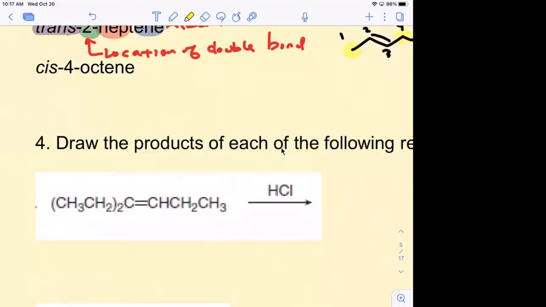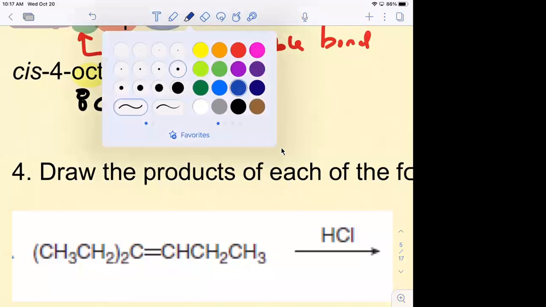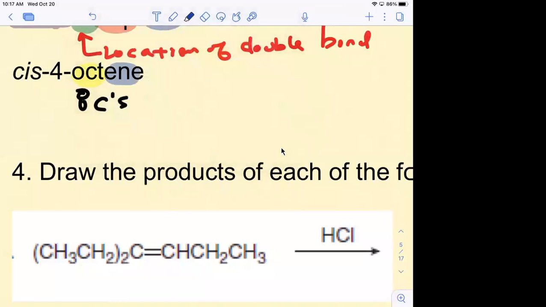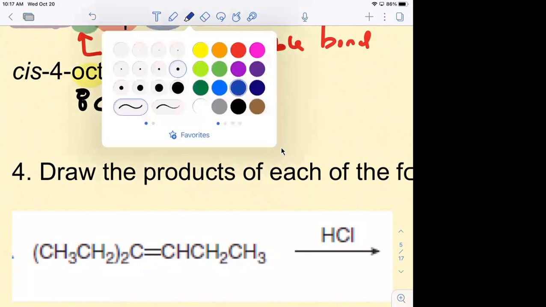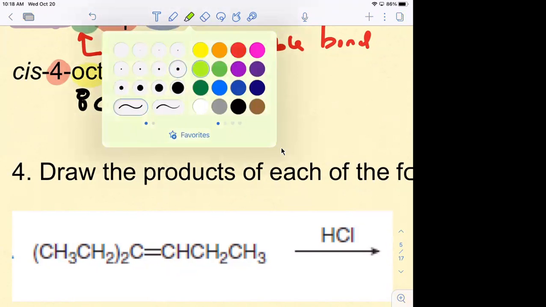What is oct? 8. 8 carbons. You got an alkene present because of the suffix ene. You know that your double bond is going to be located between carbon 4 and 5. And it's going to be a cis double bond, because of the stereochemistry indicated right here.